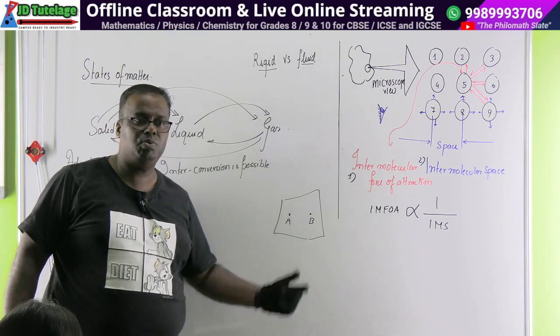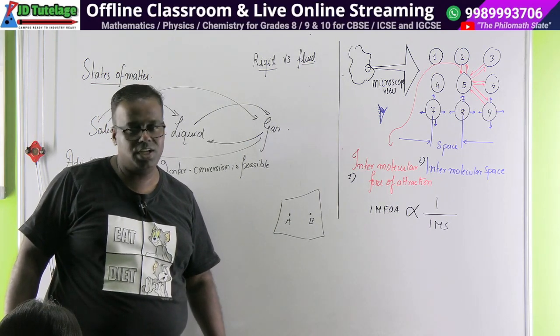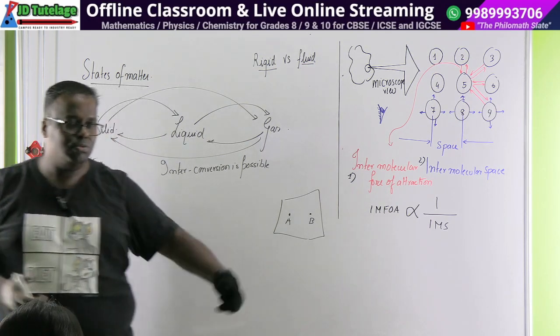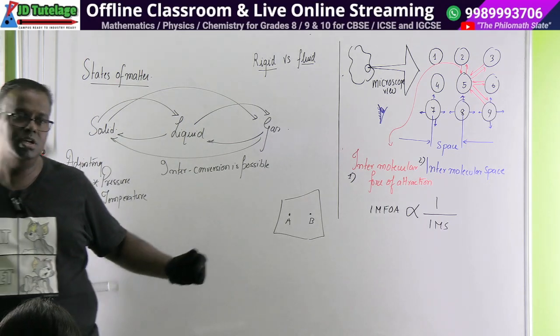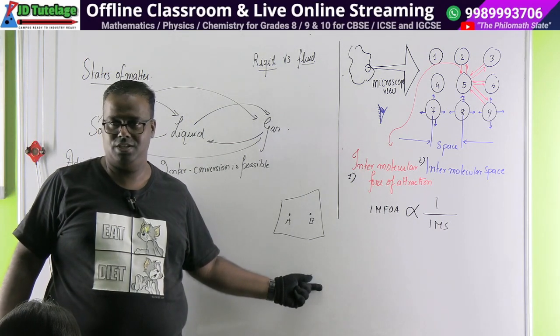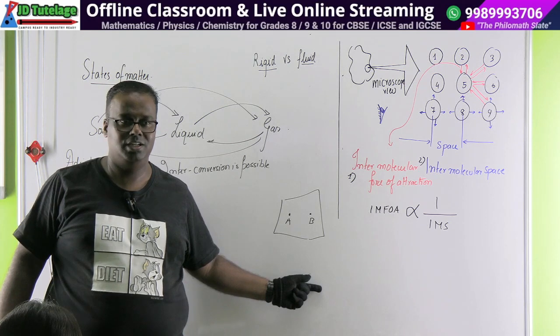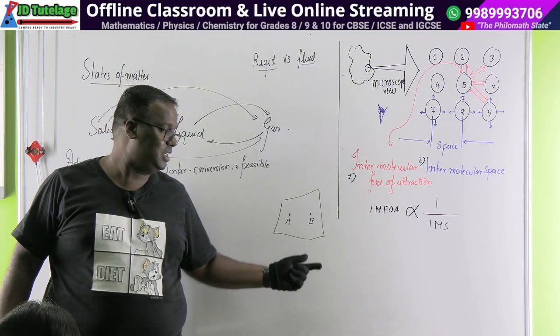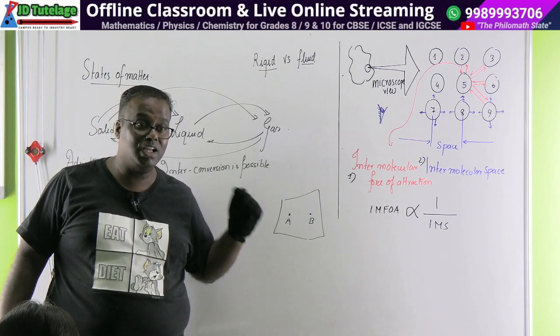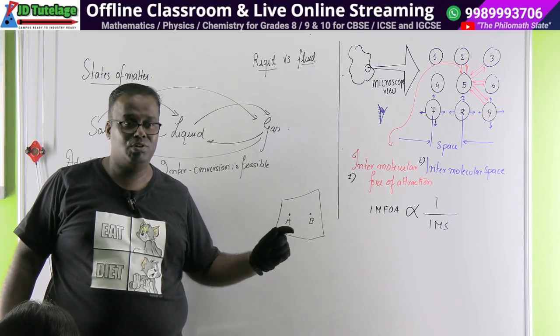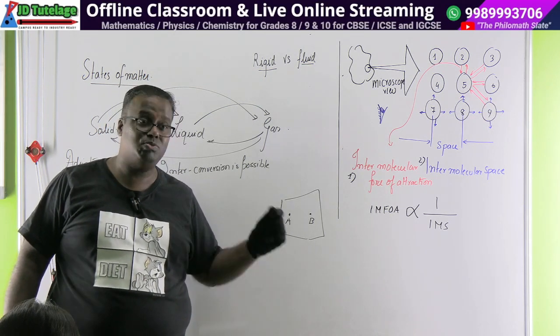The distance between A and B should not change, and when you relieve it from the forces, it should also not change. Then we call it rigid. See the difference between grade 8 and grade 9. At grade 8, you were not studying at this deeper level. From 9 onwards, you have to study science at a deeper level.